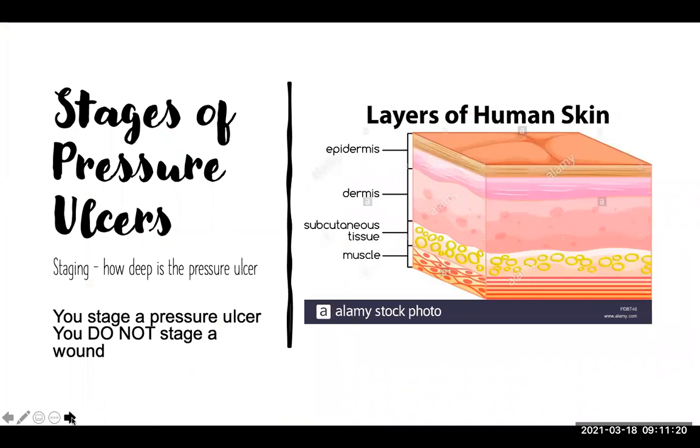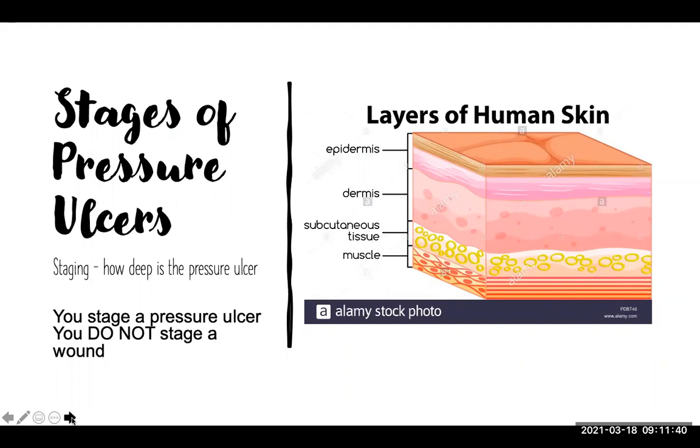Okay, so here we go again, looking at the skin. We're going to start learning how to stage pressure ulcers. So pressure ulcers are staged in 4 levels. We actually call it 5 types of staging, we can say.